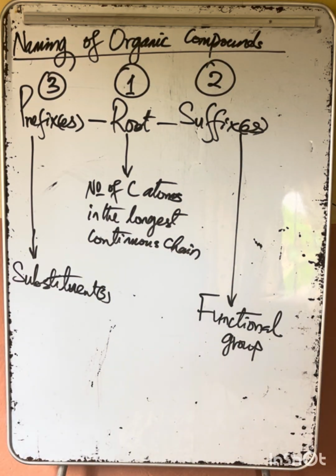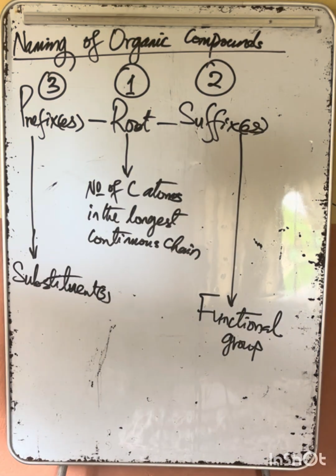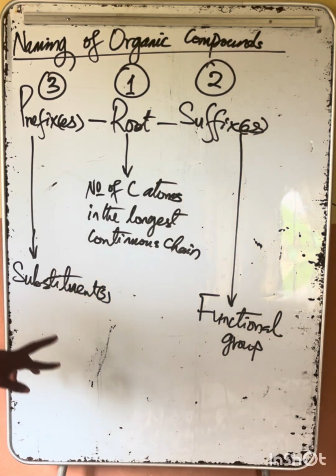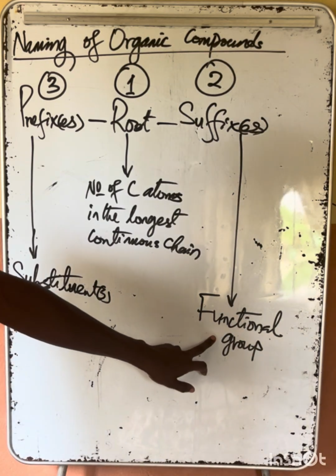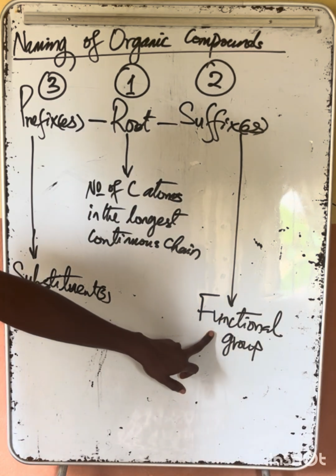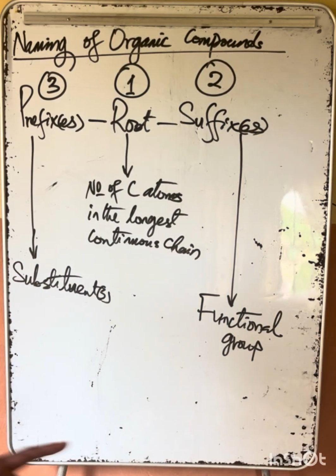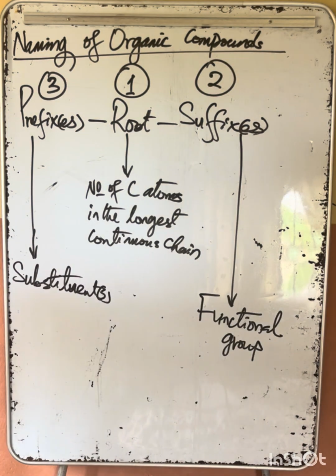Before now, if you've been introduced to organic chemistry, you should know what is meant by functional group as well as substituent. A functional group is simply a bond, which could be single, double, or triple, or an atom or group of atoms attached to an organic compound, which determines its chemical properties.